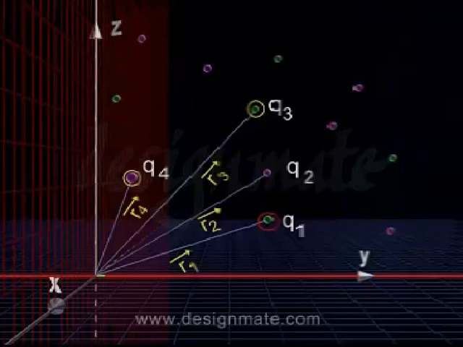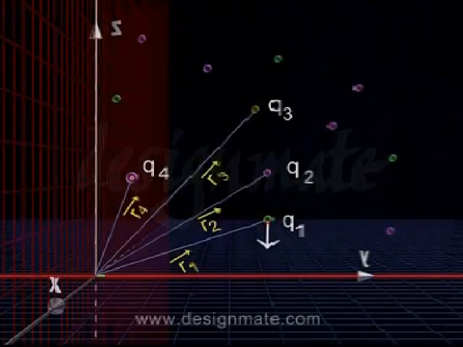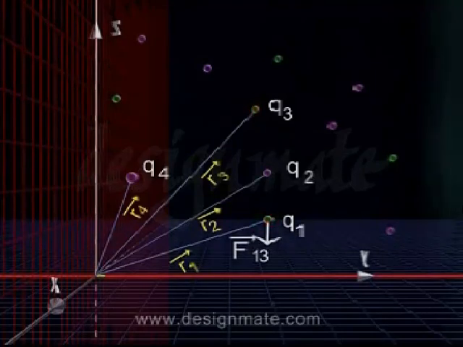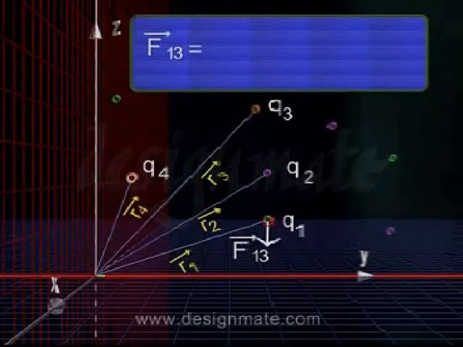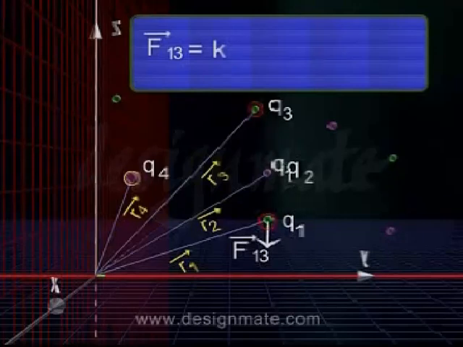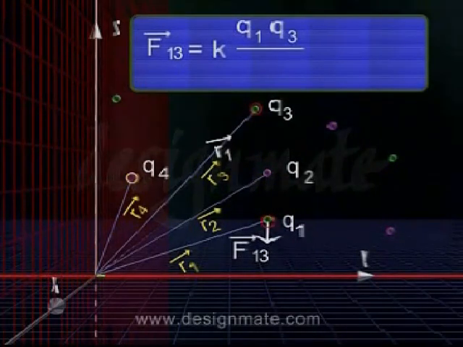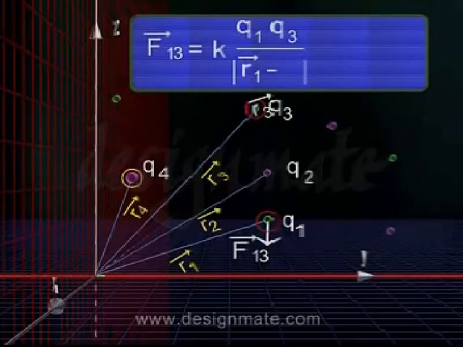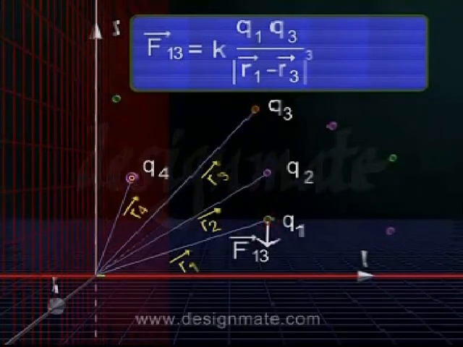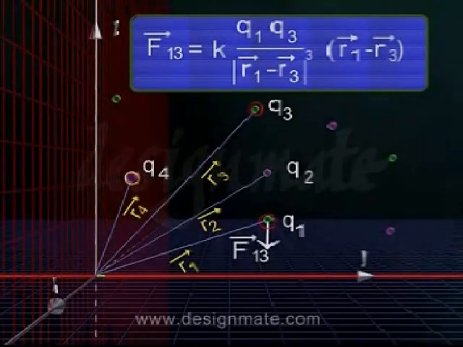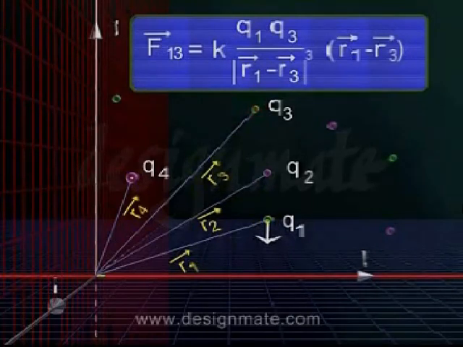Similarly, the force on Q1 due to Q3, vector F13, is equal to K into Q1 Q3 upon modulus of vector R1 minus vector R3 cubed, into vector R1 minus vector R3.